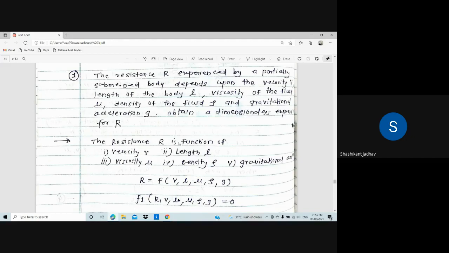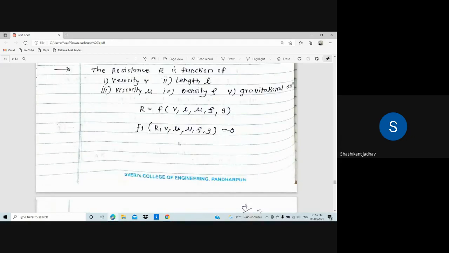Okay, so first of all we have to write down that information. Write down: the resistance R is a function of velocity v, length l, viscosity mu, density rho and gravitational acceleration g.